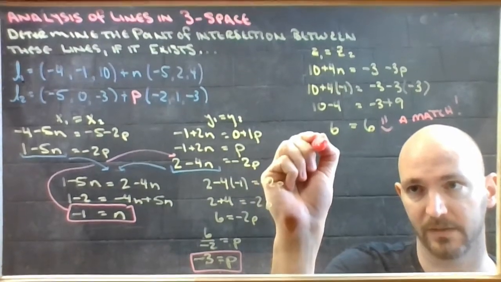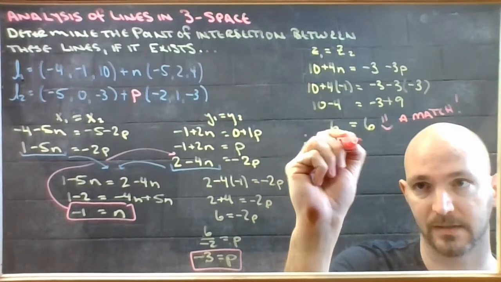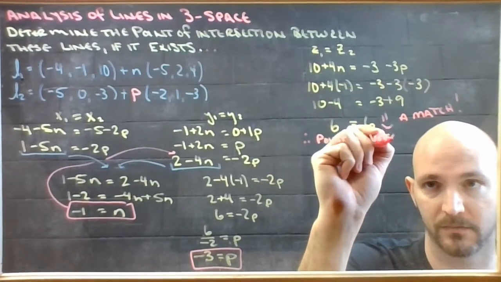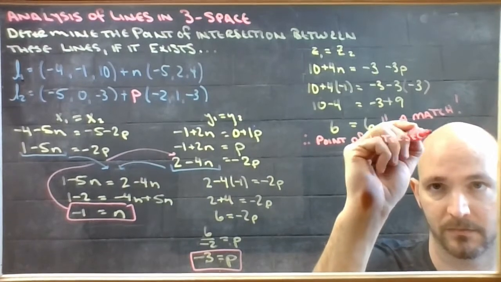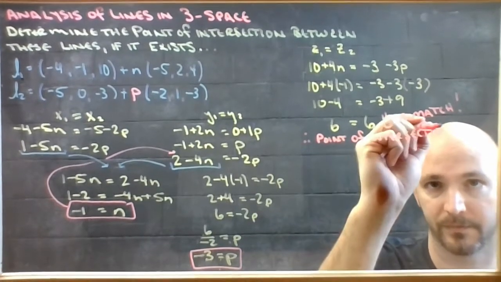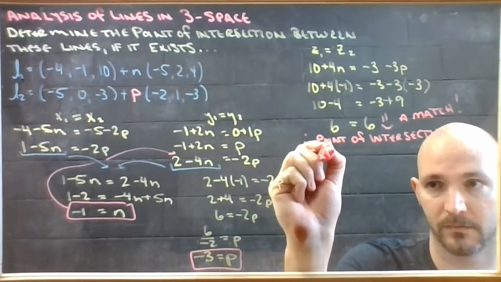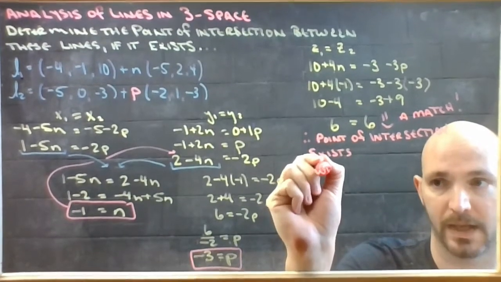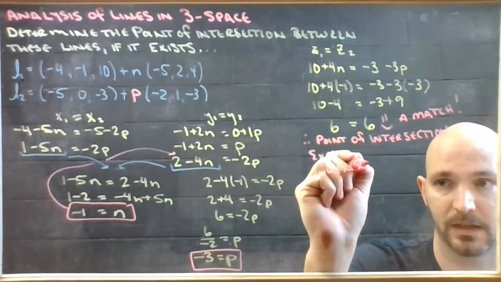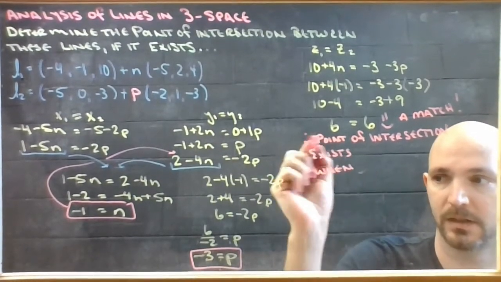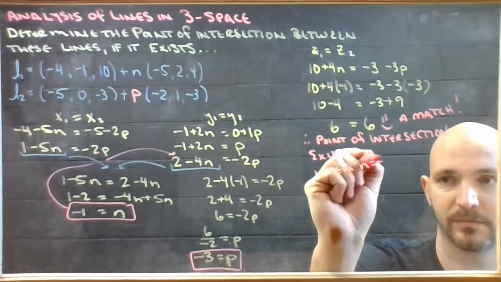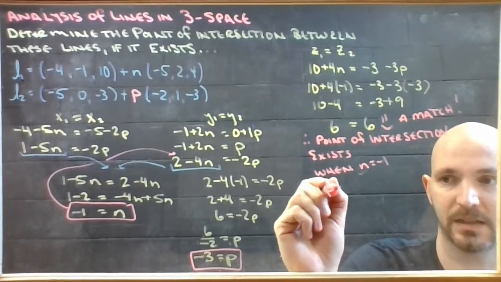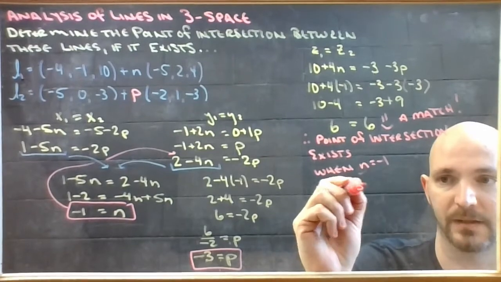Therefore, point of intersection exists when n equals -1 and p equals -3.